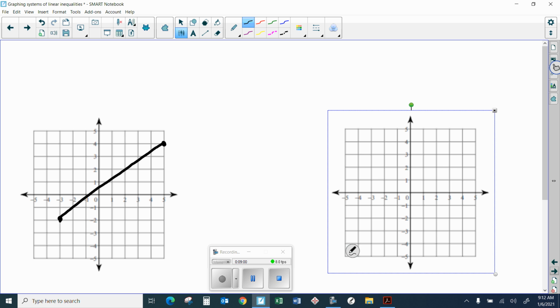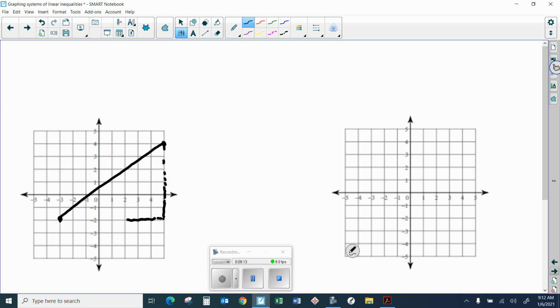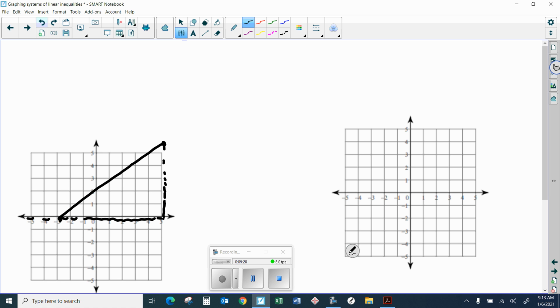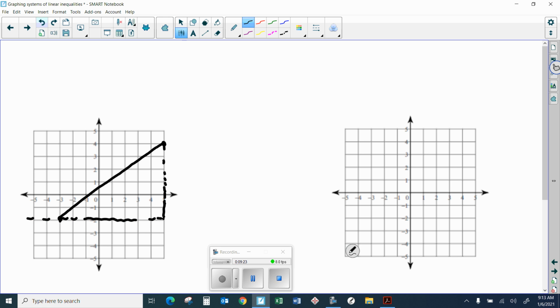Let's say, oops, I'll make this dashed here. I'll make this dashed. Okay, try to make it more dashed there. And yeah, let's go with that one right there.